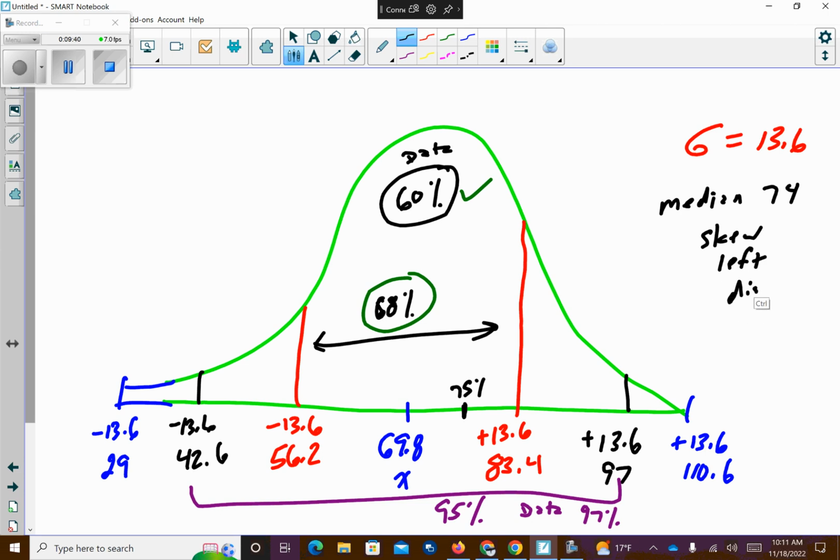This is all information you can get from Desmos. When you plot your data and go into the statistics, you can find the mean, the median, and the standard deviation. It'll do it all for you, just as long as you list everything in X1. Cool?